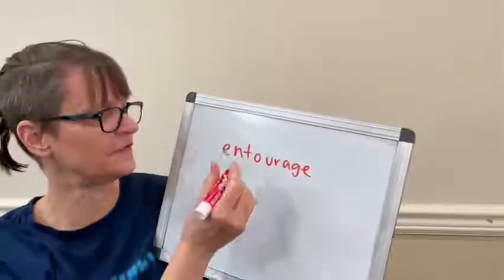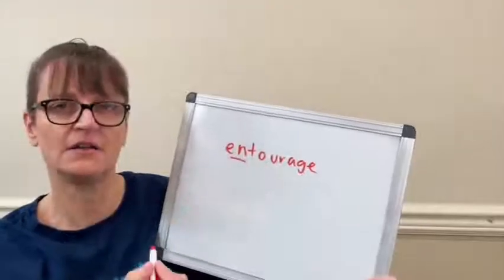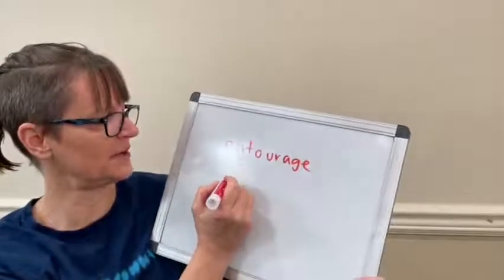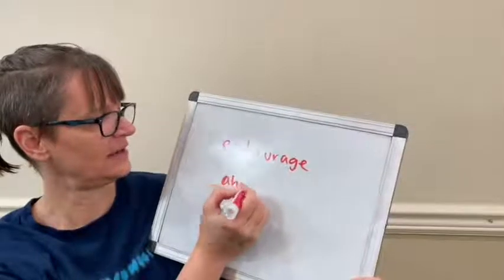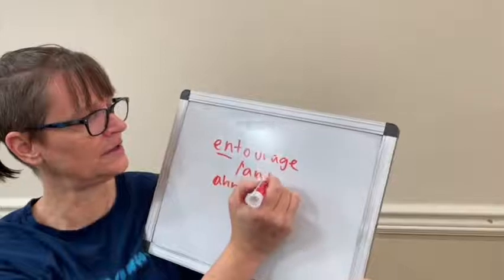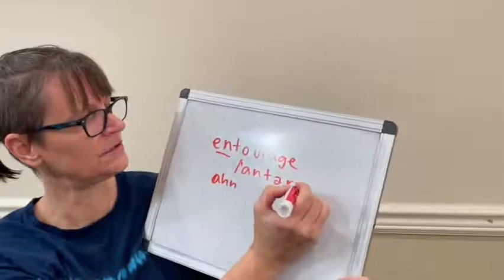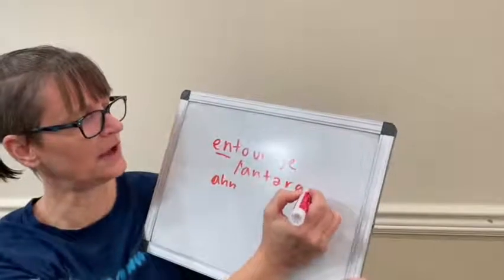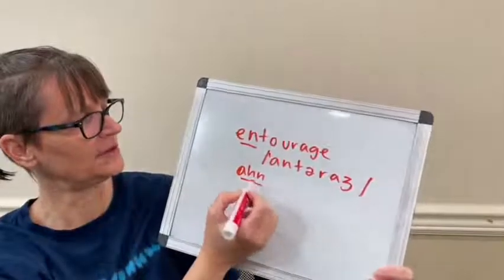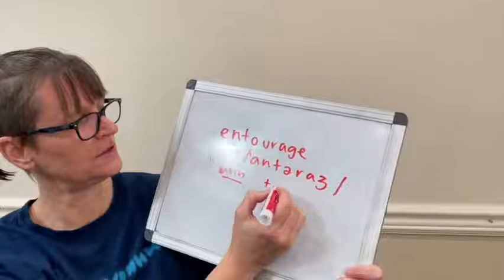We have first syllable stress. En is the French on, so it would be better to think about it like ahn. It's the ah vowel. Entourage.